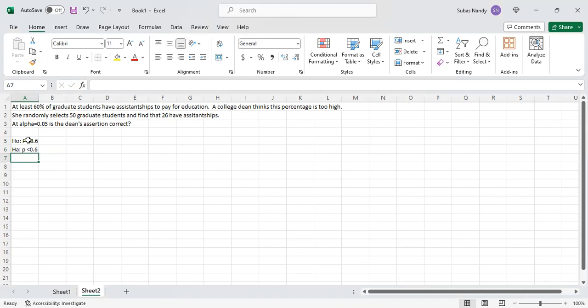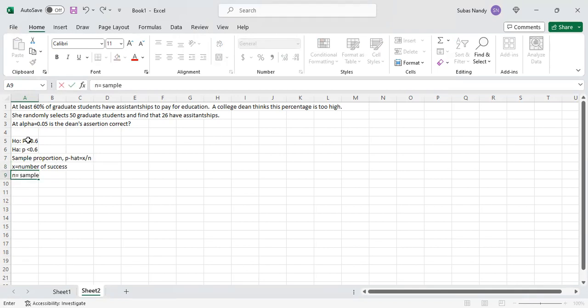So first, let's calculate the sample proportion. Sample proportion is P hat, and that is equal to X over N. X is your number of successes, and N is your sample size.